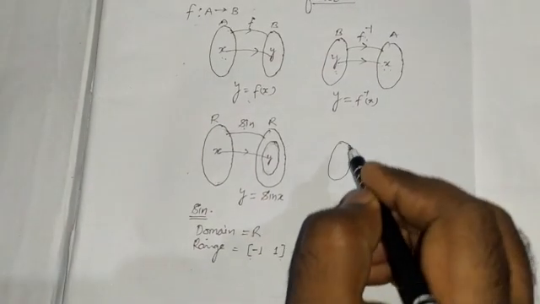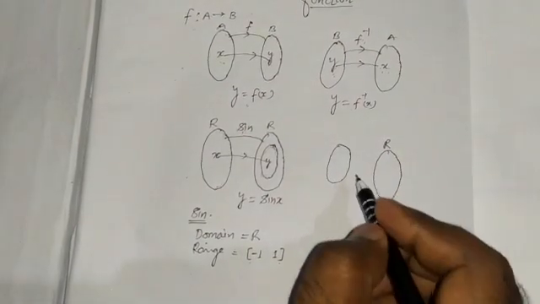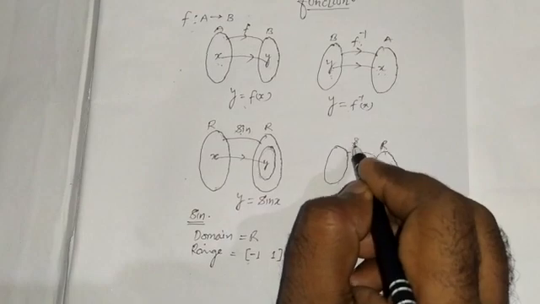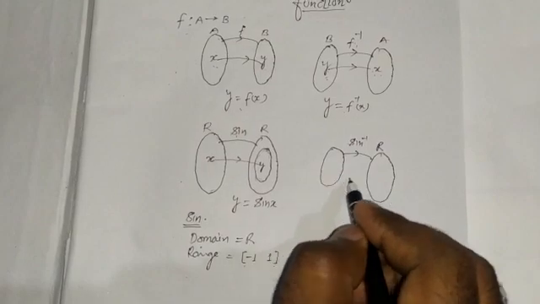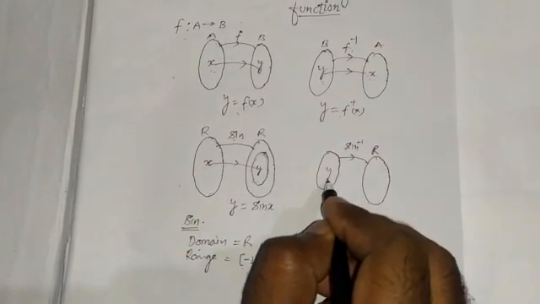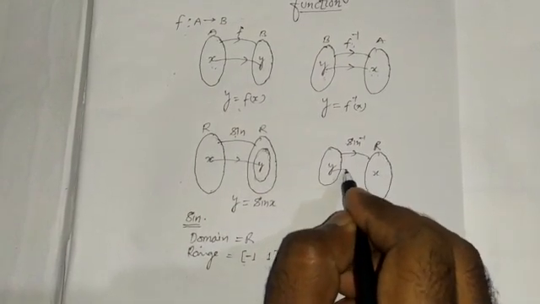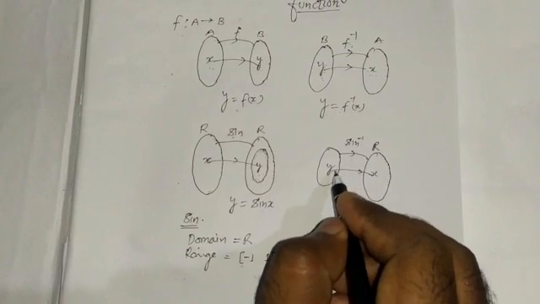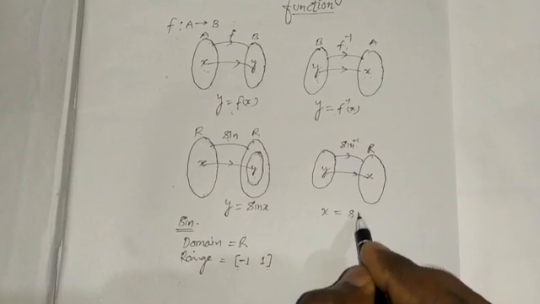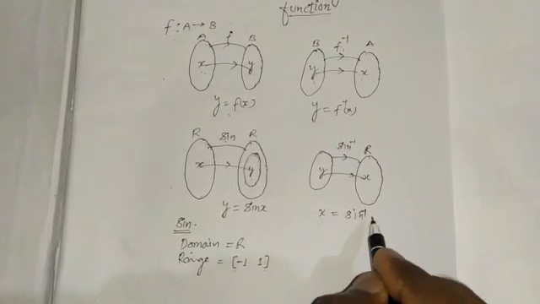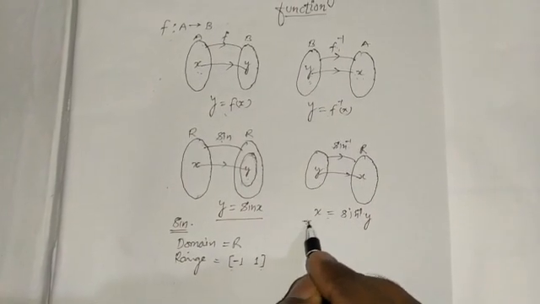Here this is the domain and here the range will be real numbers, and the function will be the inverse of sine on inversing the domain and range of the function. And the element is y, so we have to write y here, and this is x. y is related to x under sine inverse, then you can write x equals sine inverse y. So y equals sine x, then x equals sine inverse y.